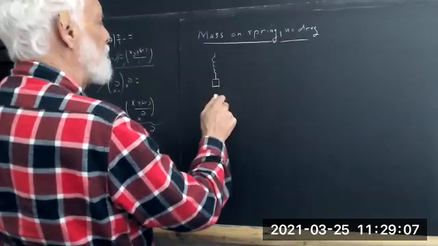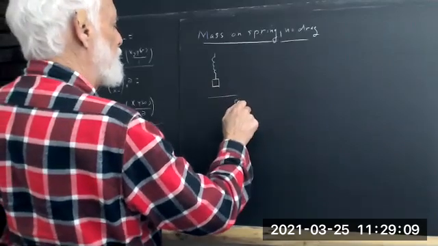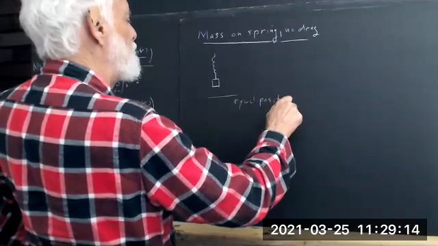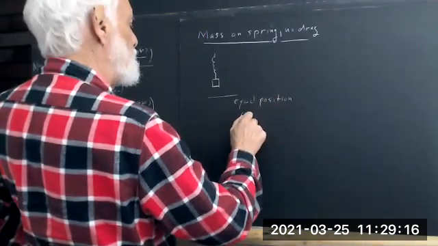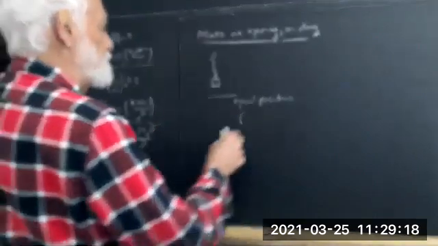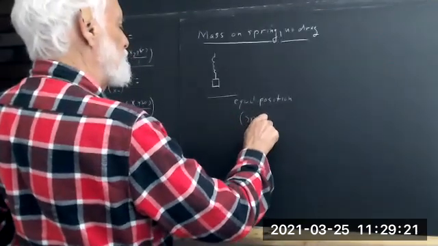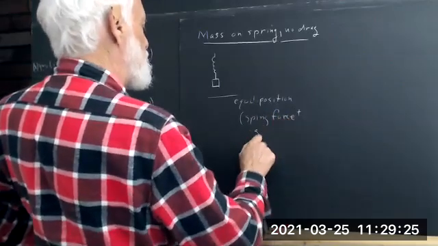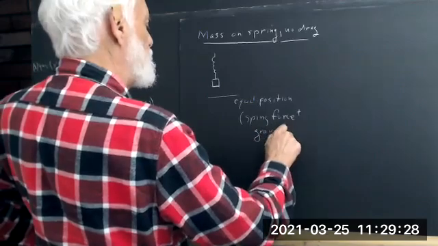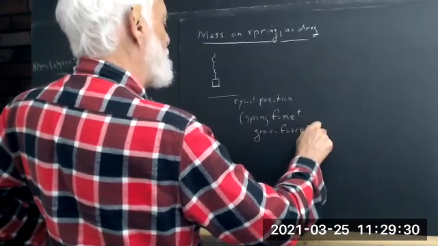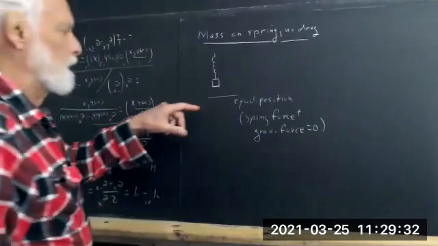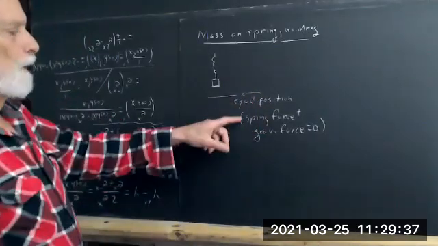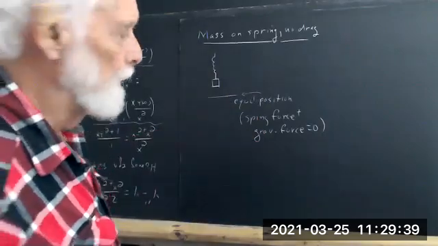We have an equilibrium position. Let's say it's right here. So here's your equilibrium position, where the spring force plus the gravitational force is 0.